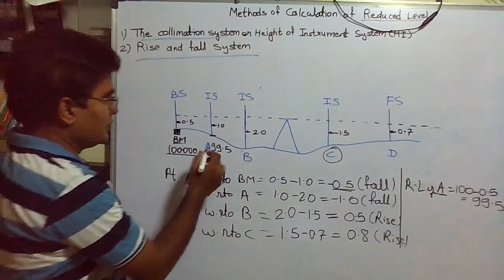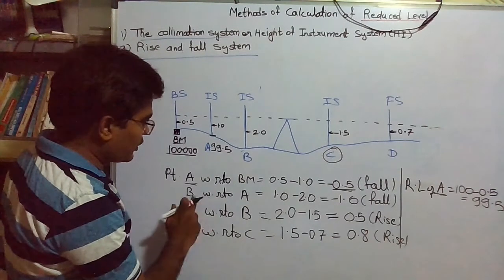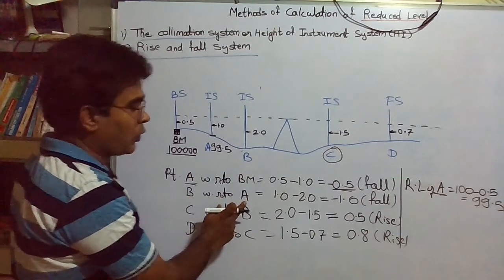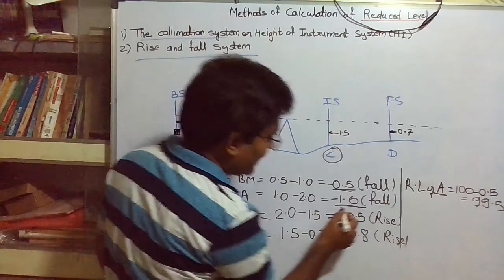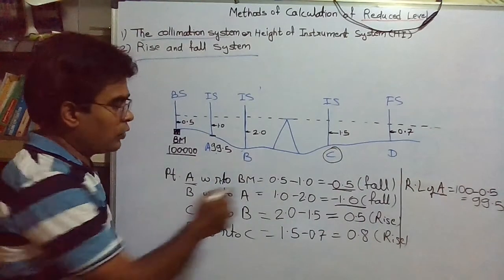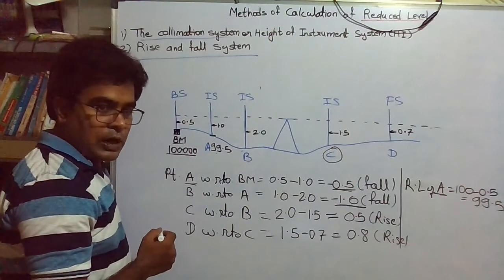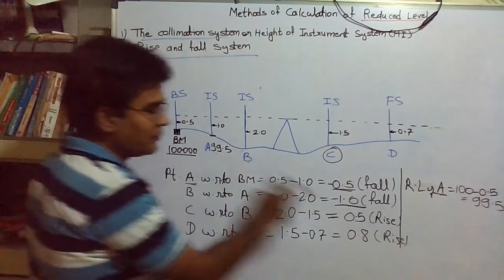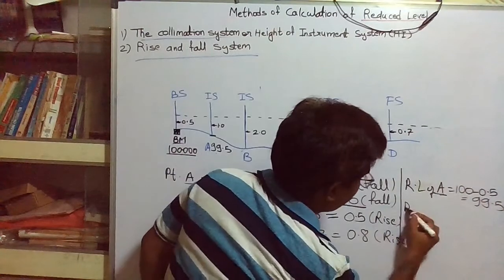Next, we compared point B with respect to point A, and found that point B is at a fall of 1 meter with respect to point A. So how do we find the RL of B?